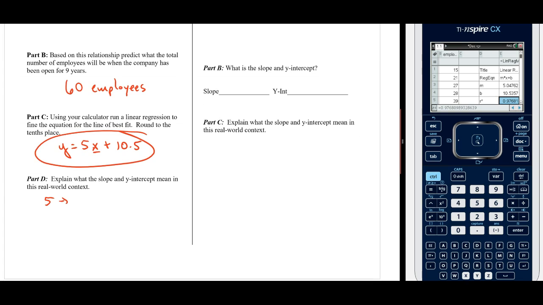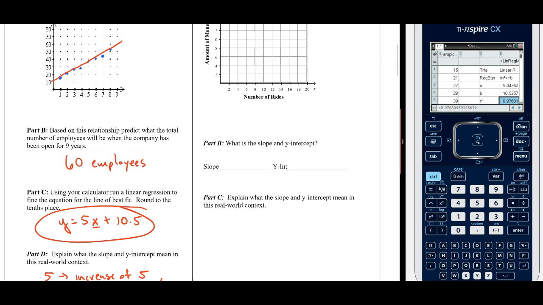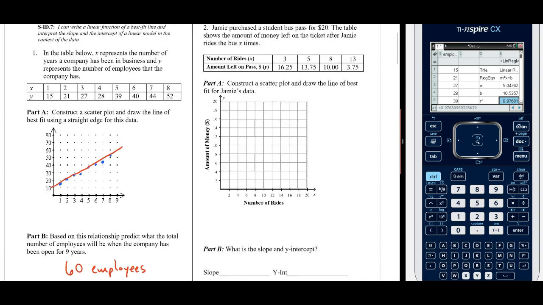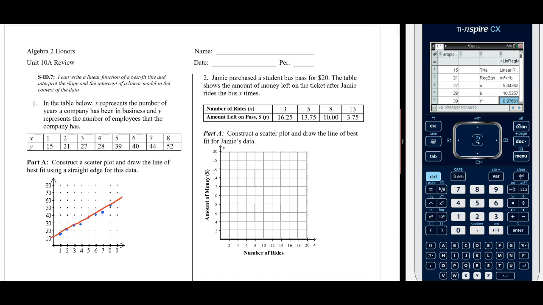So the 5 represents an increase of 5 employees per year, and the 10.5 would be how many employees the company started with. Obviously, we can't have a half of employee, but it's a regression line, so we're okay with that.